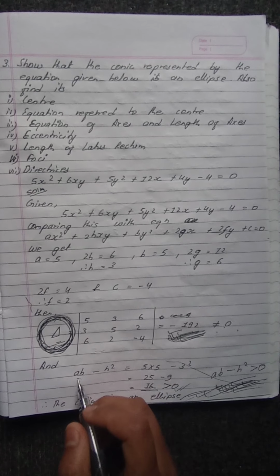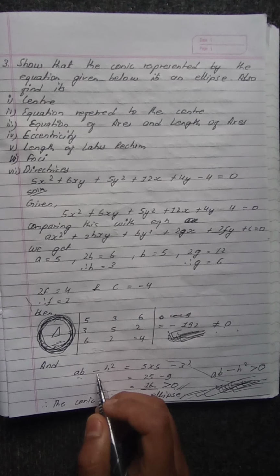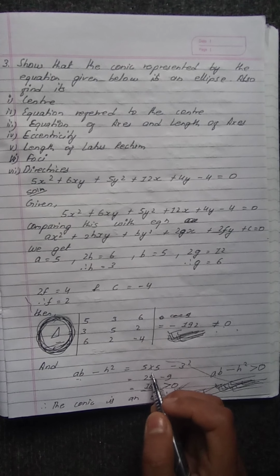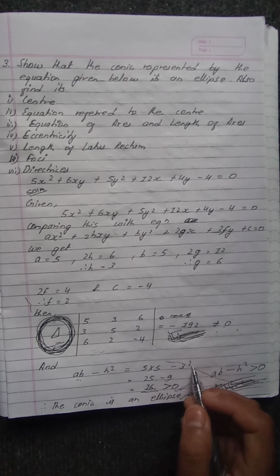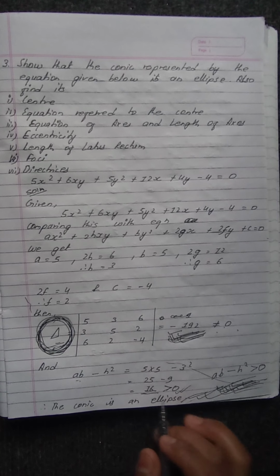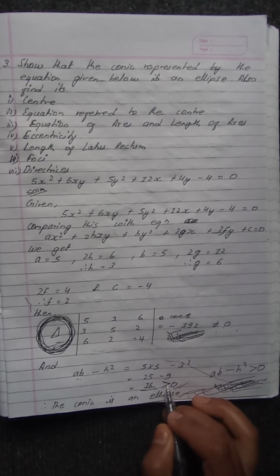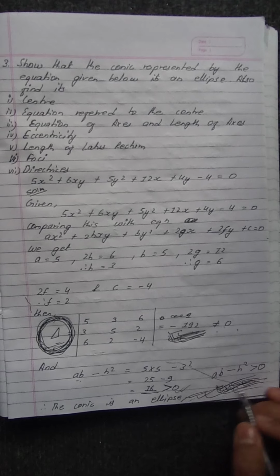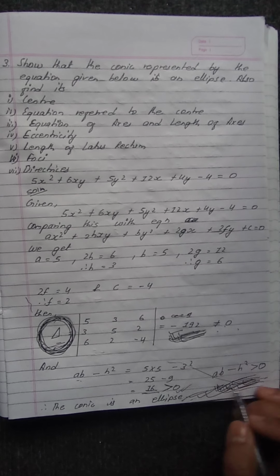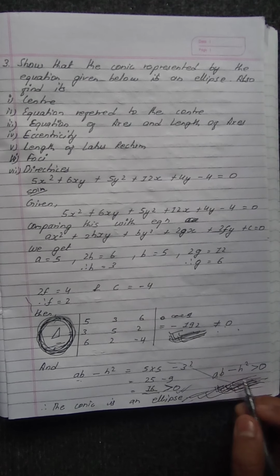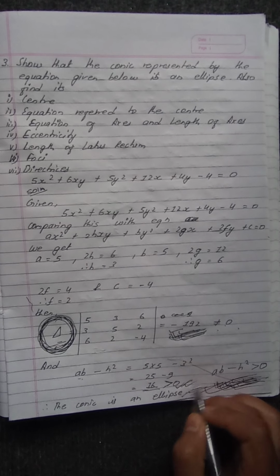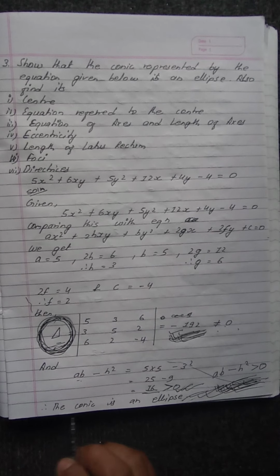And for checking, ab minus h square equals 5 into 5 minus 3 whole square. We get 16, which is greater than 0. As we know, for the conic to be an ellipse, ab minus h square must be greater than 0, which is proved here, and it is proved that the conic is an ellipse.